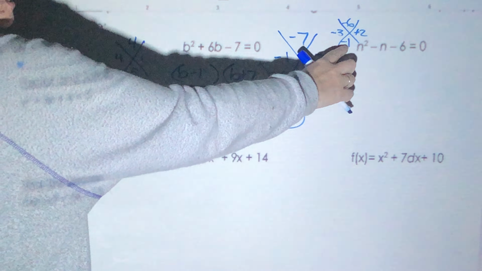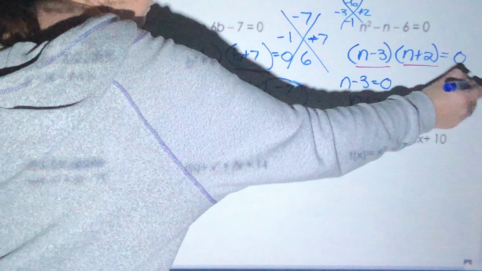So I know that either the first factor or the second factor has to equal 0, otherwise I can't get 0 for a product. So I'm going to write n minus 3 equals 0 and n plus 2 equals 0. And I'm going to solve each of these one-step equations, and my two solutions are going to be 3 and negative 2.